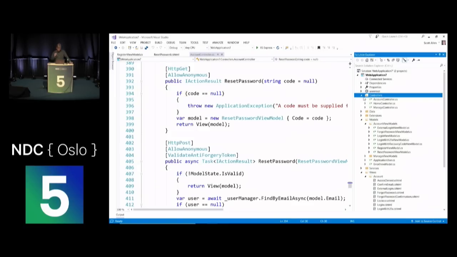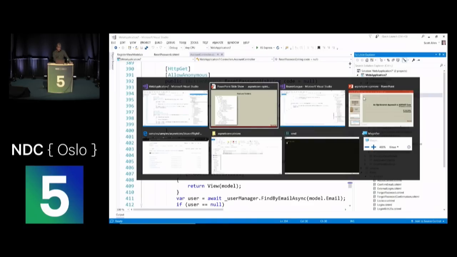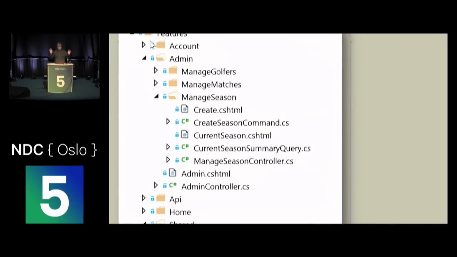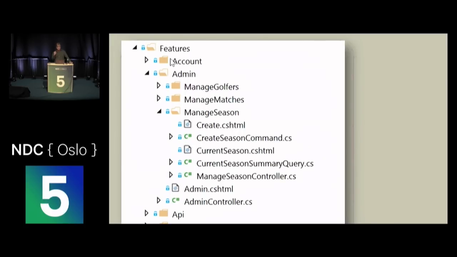So previously, before ASP.NET Core 2.0 came along, I was really into feature folders. The idea of feature folders was that instead of putting controllers and views and models in separate places, you would organize these UI layer abstractions into folders that, the way I like to work with it, represented the hierarchy of your UI.